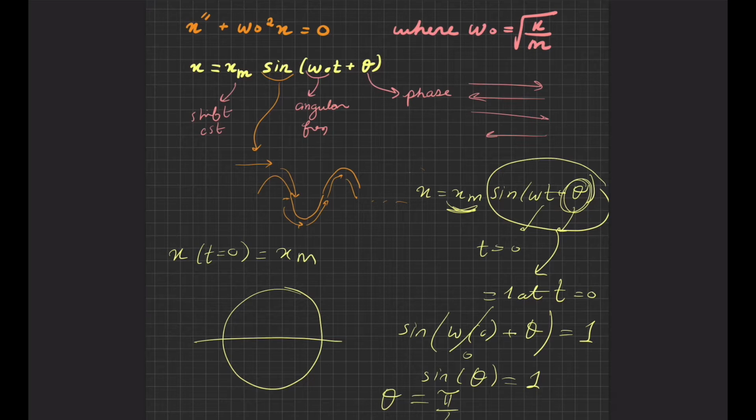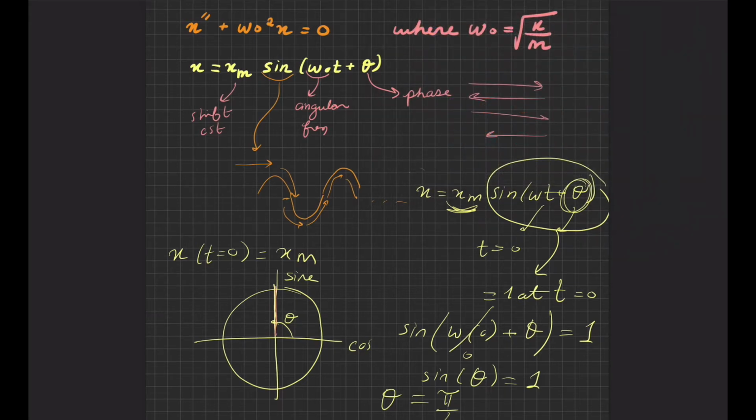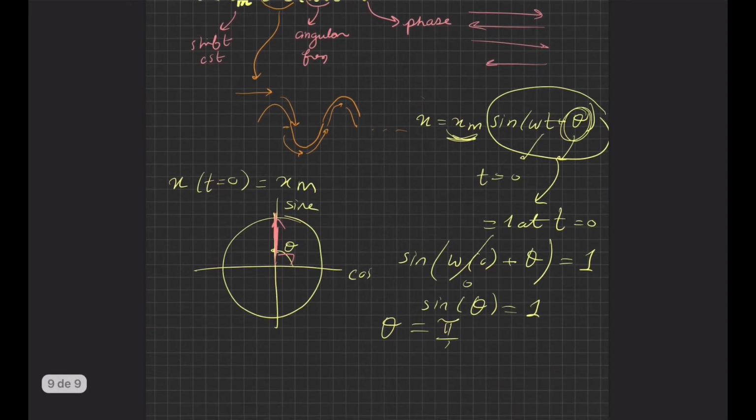this is the trigonometric circle. Cosine is down here, sine is up here. For theta equals 90, or pi over 2, sine would be equal to 1. Because remember, the trigonometric circle, the radius is unity, so the radius equals 1.